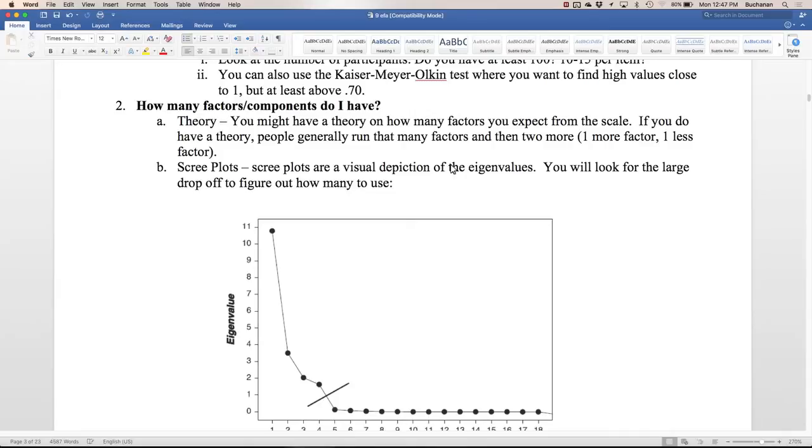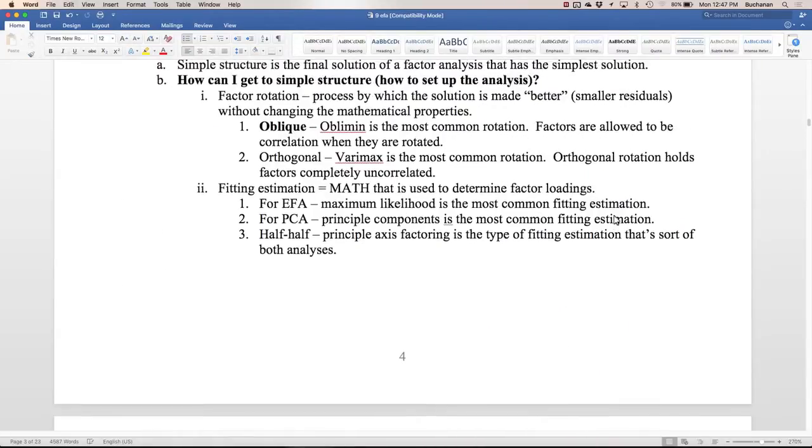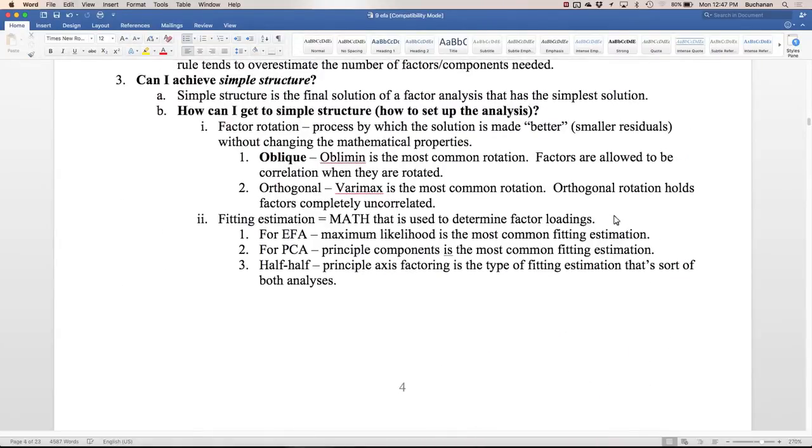See what happens. It will usually fall out pretty clearly which one works the best. All right. I have never had one where they all said the same number. So we've, in most papers, tried multiple ones and seen what happens. So that's step 2, how many factors?